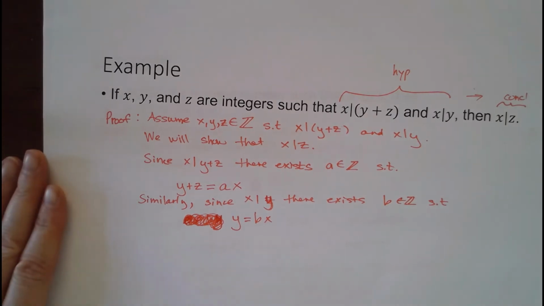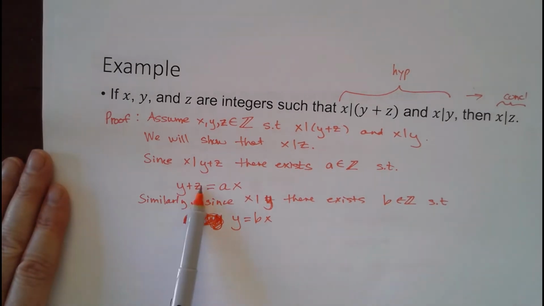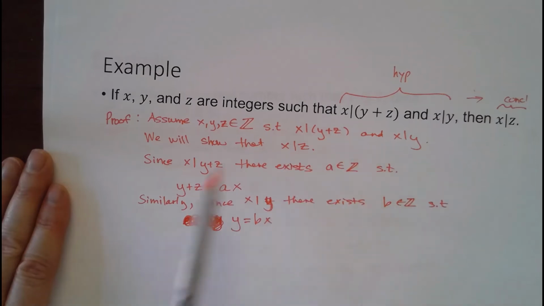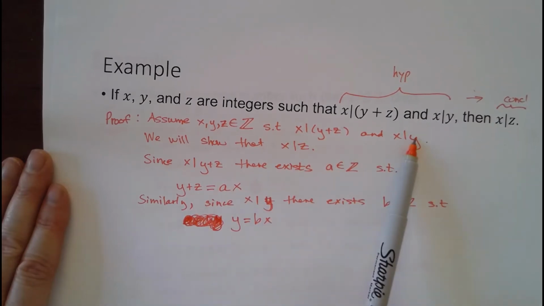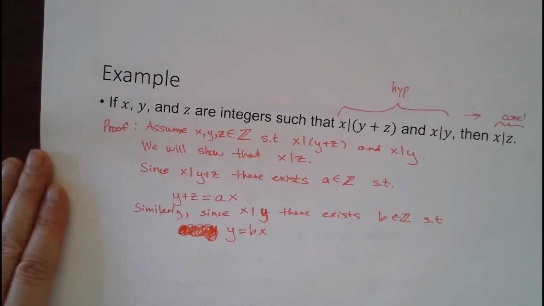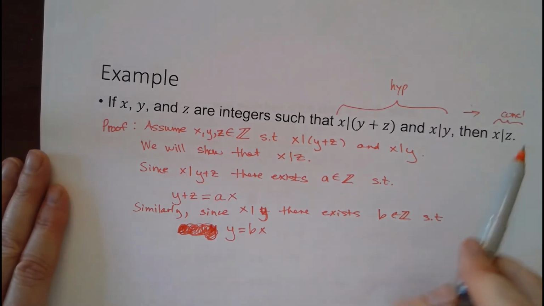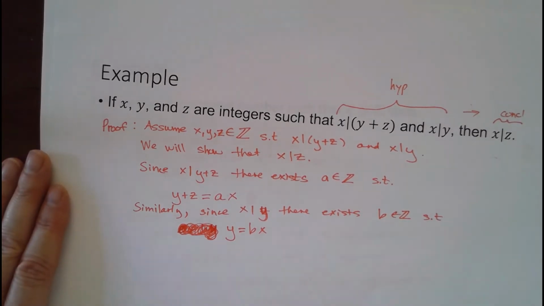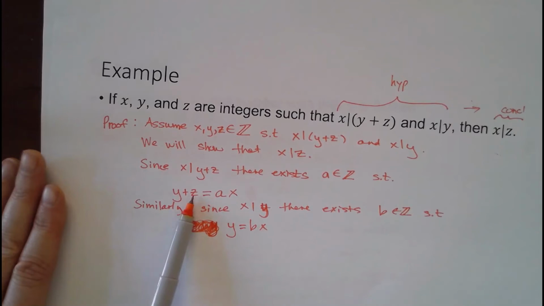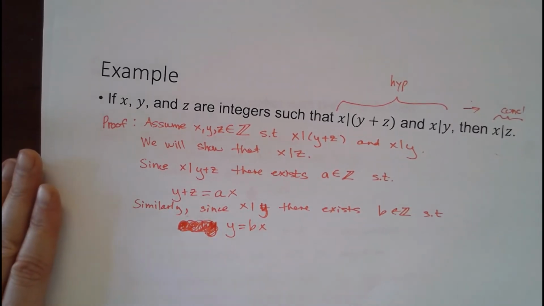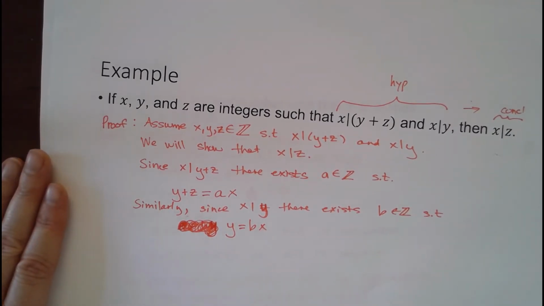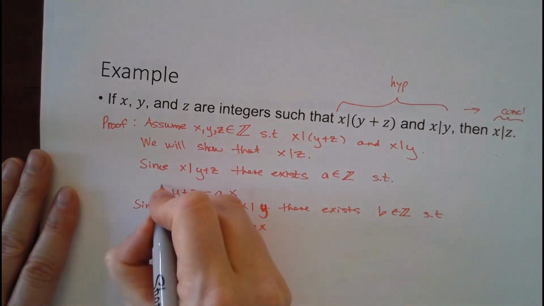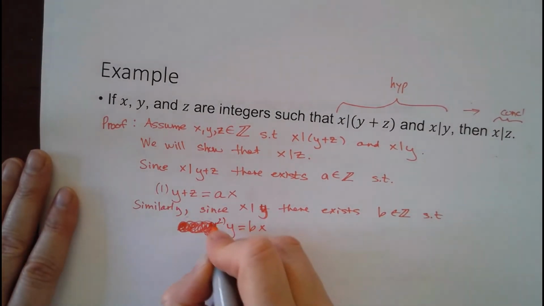All right, so I've got this one, y plus z is a multiple of x. I've got this one, y is a multiple of x. And now I need to say something about z. Well, the only place that my z shows up is here. So what do you feel like we should do? I'll call this equation 1 and this equation 2.